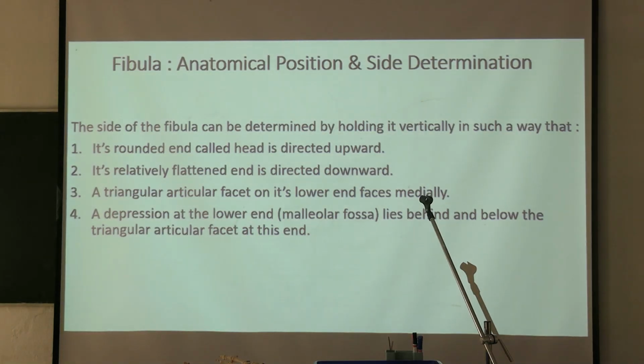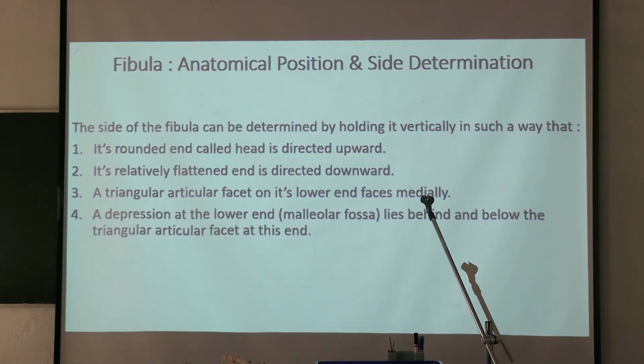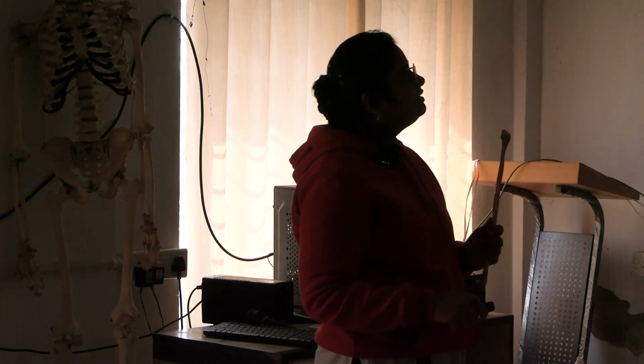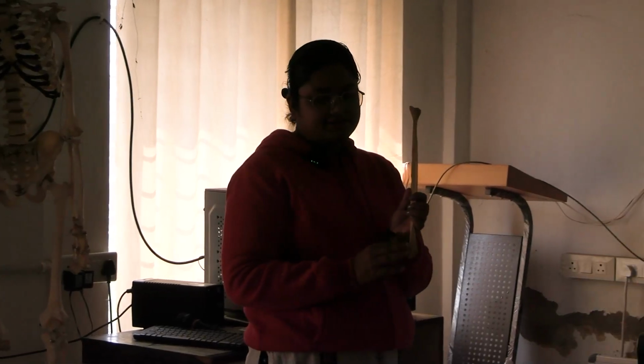Next we go to anatomical position and side determination. That is very, very important. The side of the fibula can be determined by holding it vertically in such a way that its rounded end, called the head, is directed upward. So above and below is determined by the head being upward. The relatively flattened end possessing the malleoli will be directed downward.